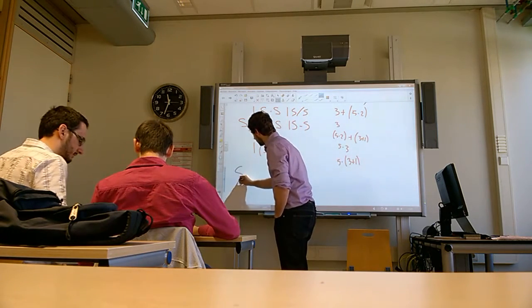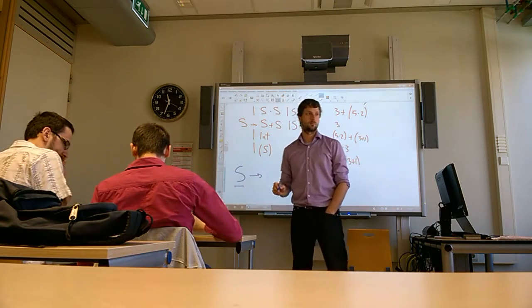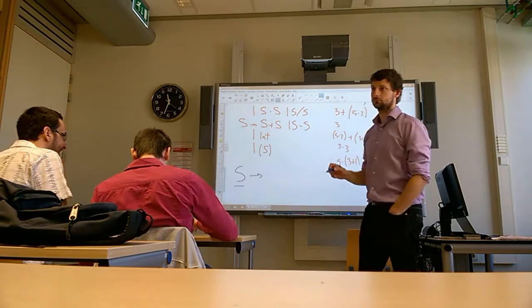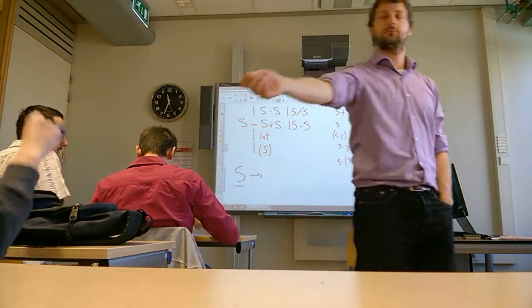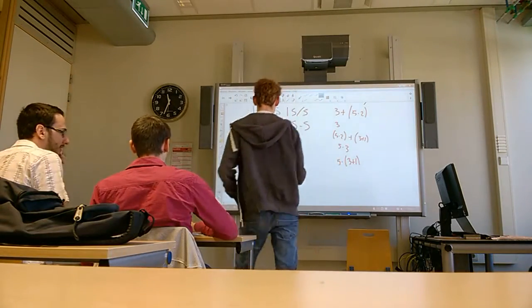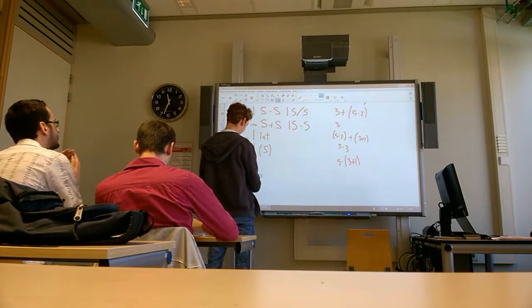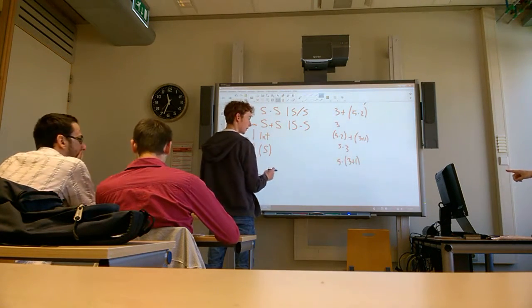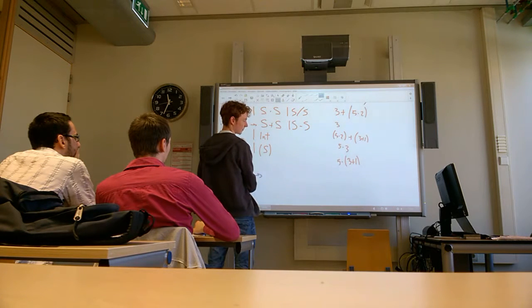We start with S. Then we go into S times S. That's just an expression, so that could just be S as well. We are doing 5 times 3 plus 1. No, it is S, so this is the whole expression.